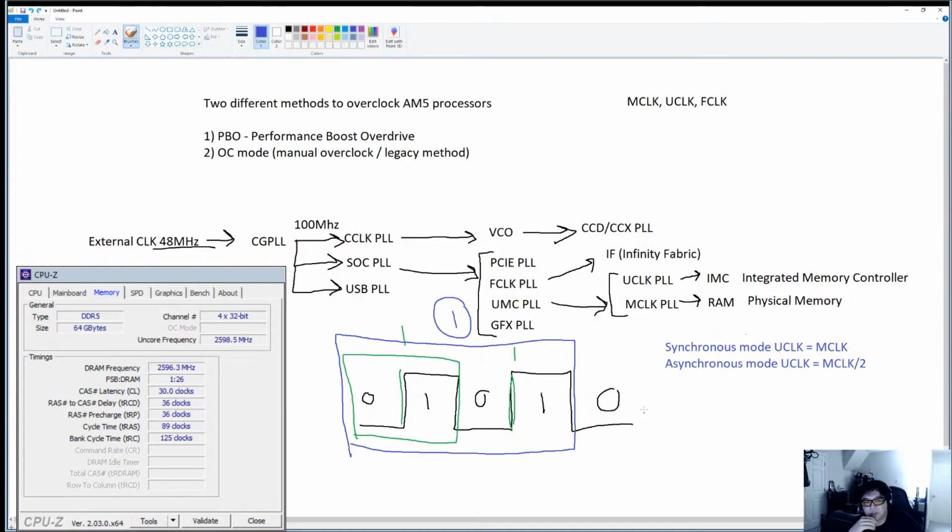So the RAM can clock to whatever the Samsung B die, Samsung A die, Hynix die, or even Micron is able to clock up to, but the IMC in the CPU might not be able to do the same speed. And that's the reason why AMD has advertised the EXPO profile 6000 megahertz as basically the sweet spot. In reality, that's the upper limit of what you can get on these first generation IMCs.